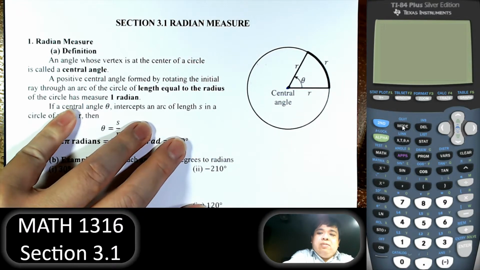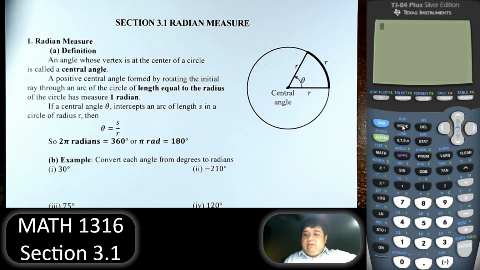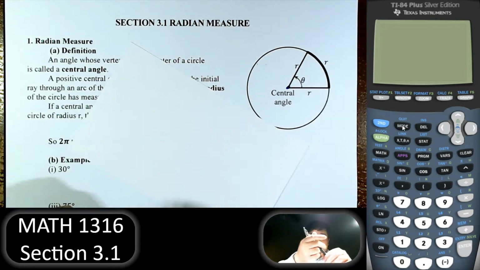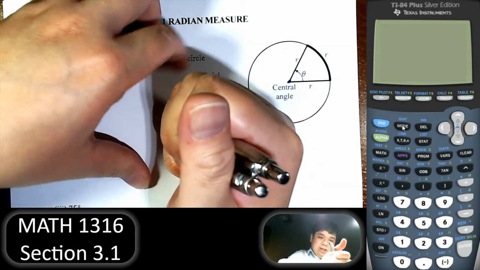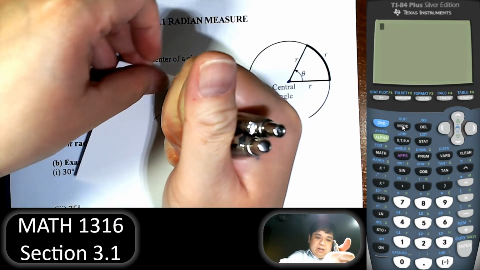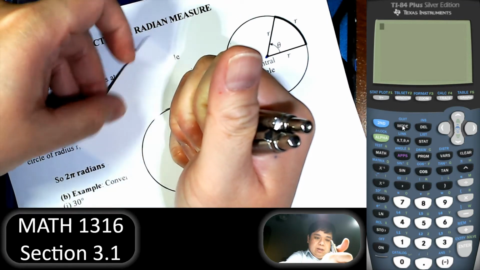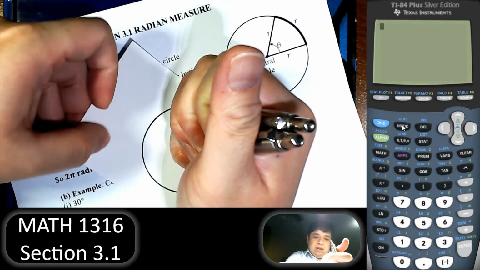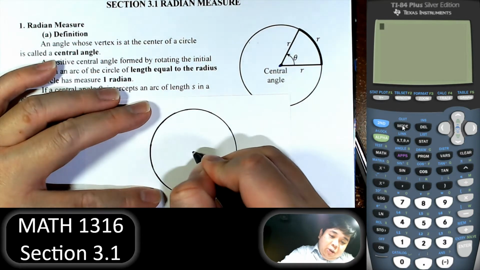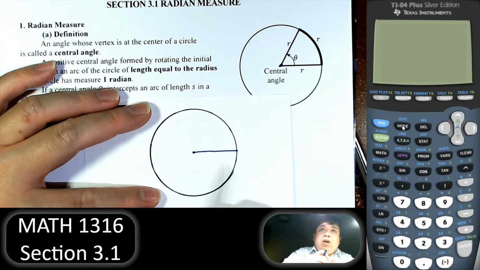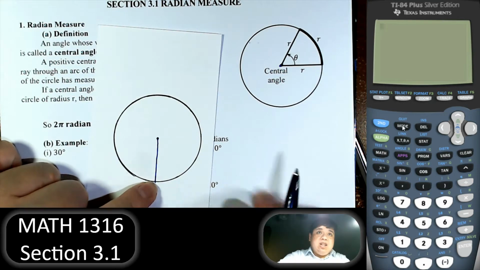So what does that mean? Think about it. If we have a wheel, a circle, I will draw a circle. So let's say we have a circle like that. The radius is that much. Now imagine that this is a wheel.